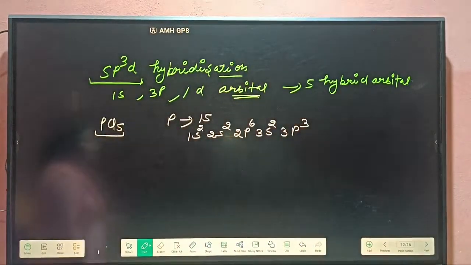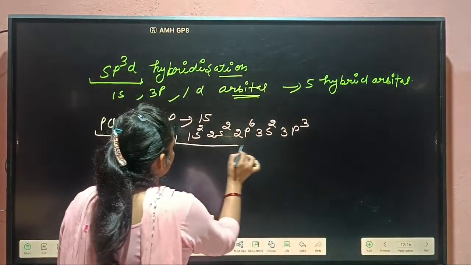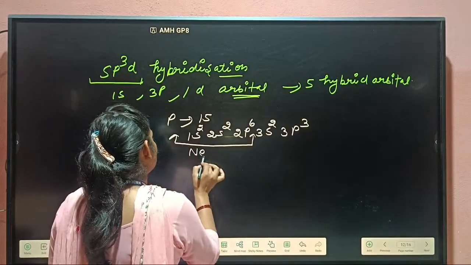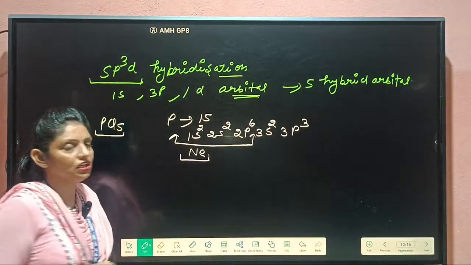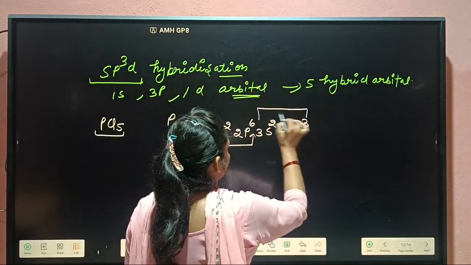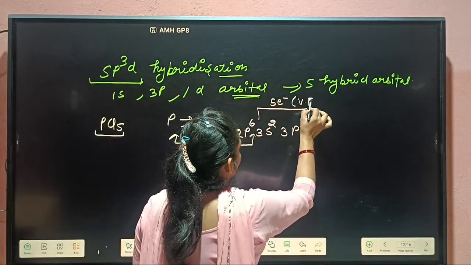Up to this, it has the noble gas configuration, neon configuration. After that, these five are the valence electrons.